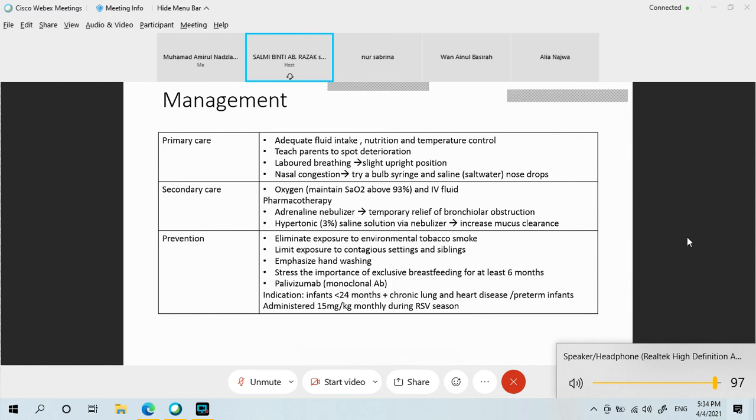Kalau untuk baby kecil, kita bagi 0.5 dengan 2.5 punya dilution. 0.5 adalah salbutamol, okay, salbutamol. Maknanya lebih kecil lah kan kepekatan dia. So the keywords untuk patient acute bronchiolitis, because it is not standard to give salbutamol.